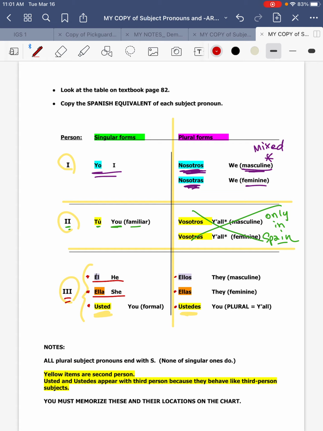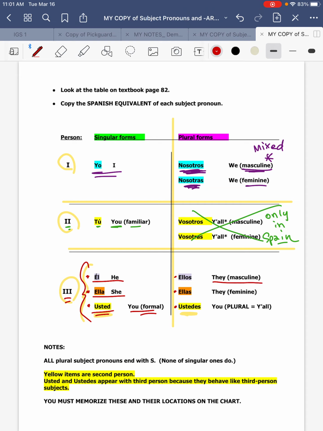Notice the different L sounds. The double L kind of sounds like a Y, ella. And then, even though usted, the you formal, is second person, we put it down here with the third person conjugations. That makes our third choice he, she, and then you formal down there with the third person singular.